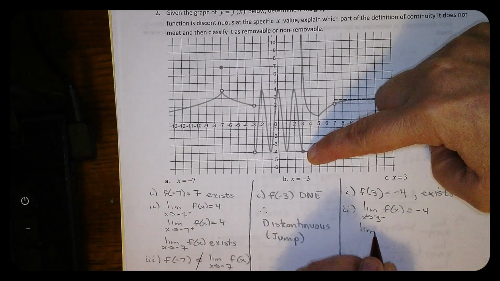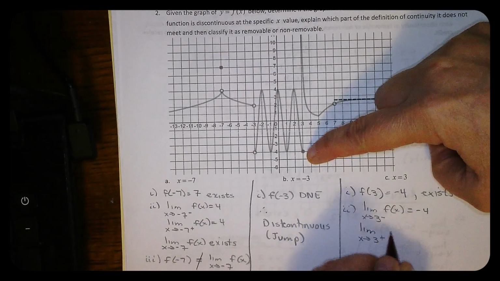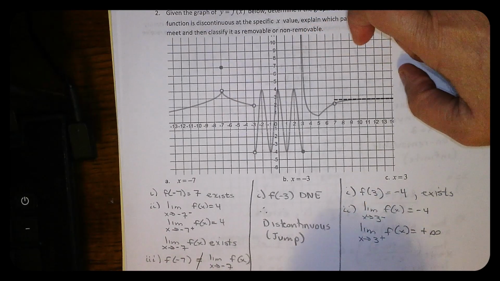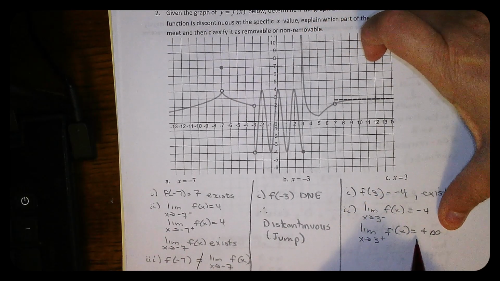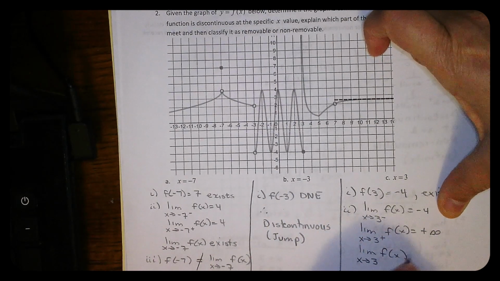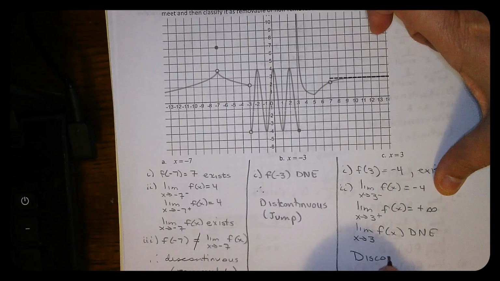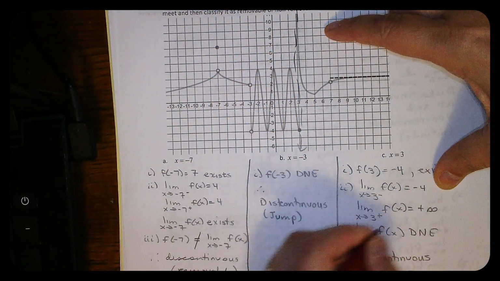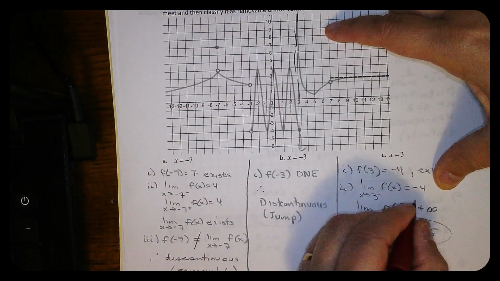But the limit as x approaches 3 from the right is headed towards positive infinity, which means that's an asymptote. Okay, so the limit does not exist as x approaches 3. So it's discontinuous. And the type of discontinuity is infinite because there's a vertical asymptote.